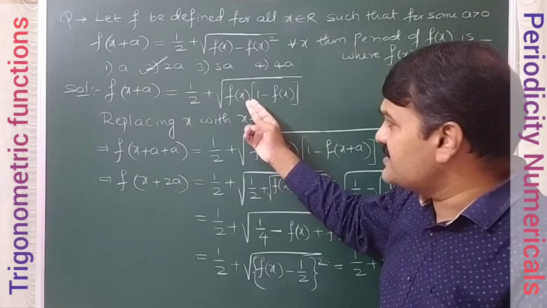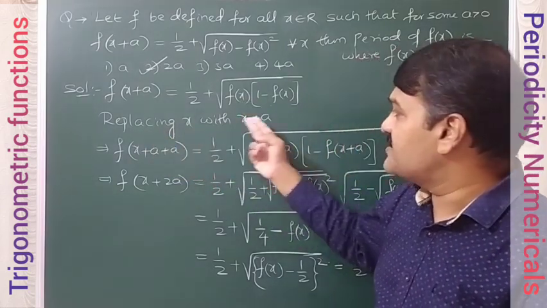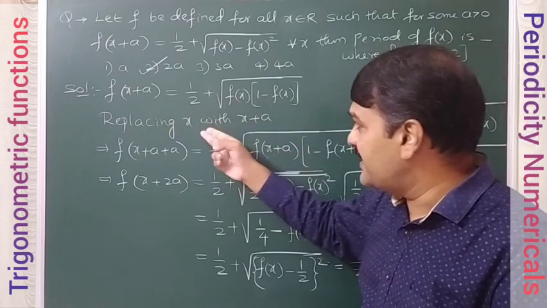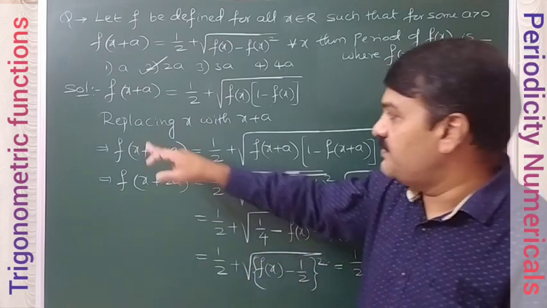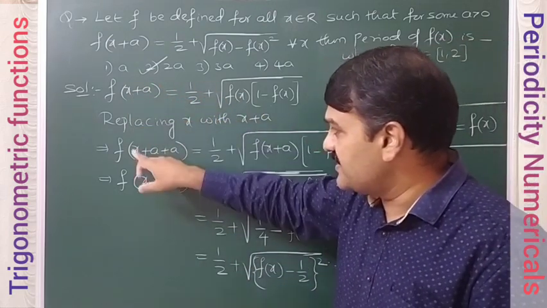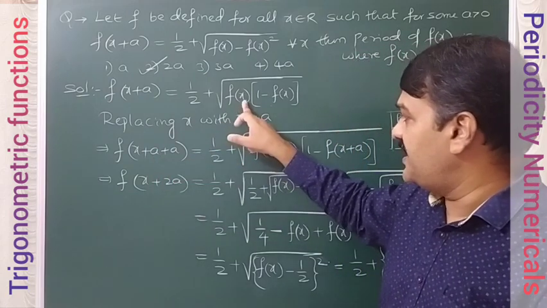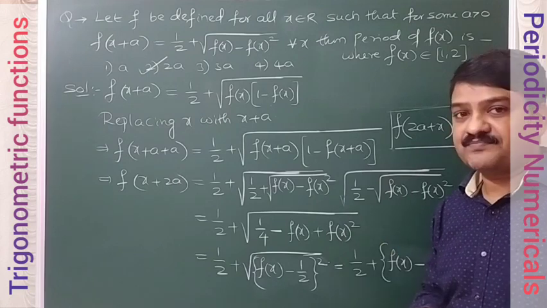So how to get this in terms of f of x plus a? Replacing x with x plus a, we can get the RHS in terms of f of x plus a. So replacing x with x plus a. In place of x, take x plus a. Simple, just in place of x, take x plus a.